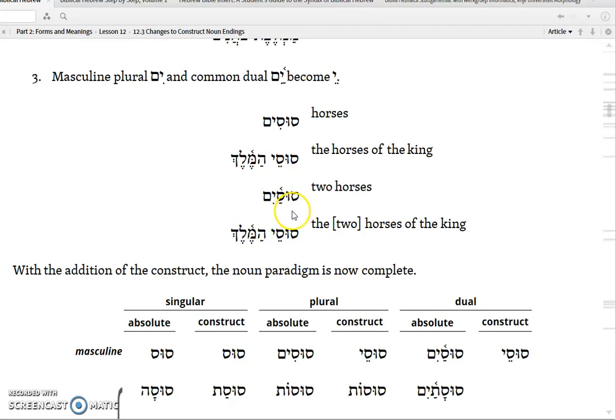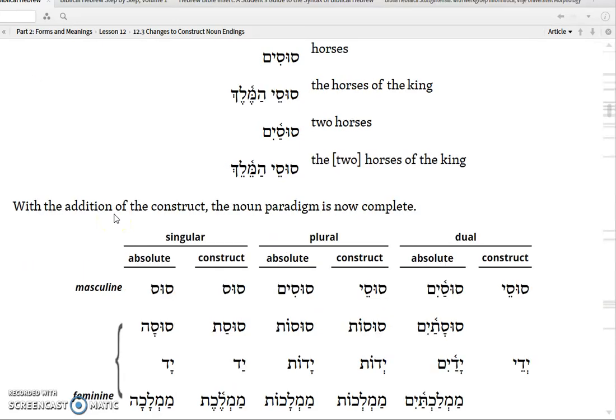Or if you have a couple of horses, susayim, well, the two horses of the king would also be susei hamelech. So you cannot tell the difference between the two horses of the king and simply the horses of the king. They are both identically the same form.